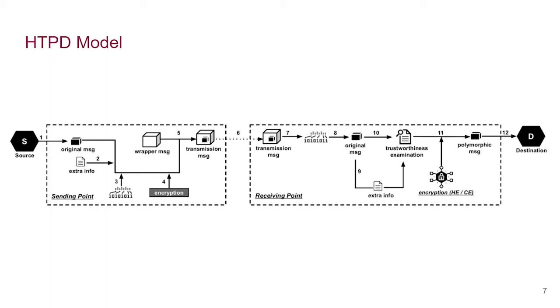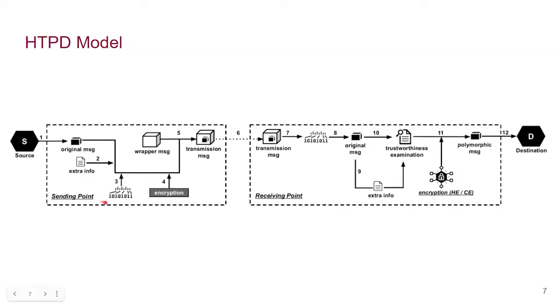Here is the HTPD model. HTPD stands for Hidden Transmission and Polymorphic Delivery. Let's first look at the sending side. Say the source wants to send a message to the destination. So here is the original message. At the sending point, we first add some extra information to the original message, for example, the permission and routing information.